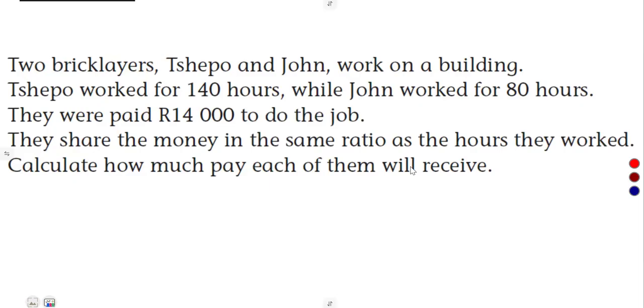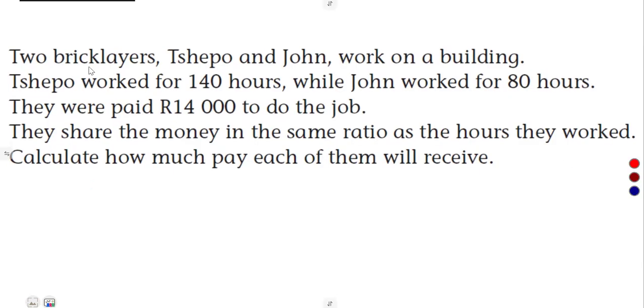So I want you to try again. Try it. Then after that, look into how I'm going to answer it. We are given on this question that 2 bricklayers, Tsepo and John, there are 2. So we're going to put T and a J there. They work on a building.